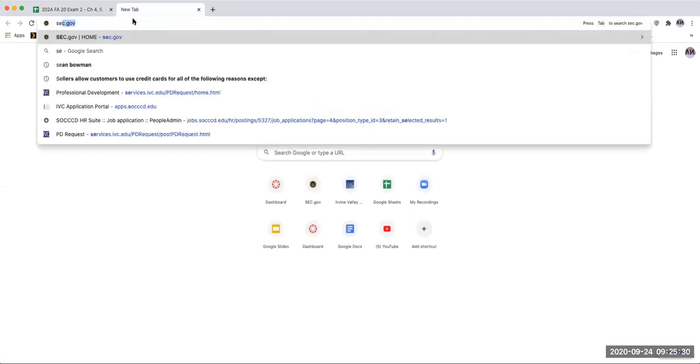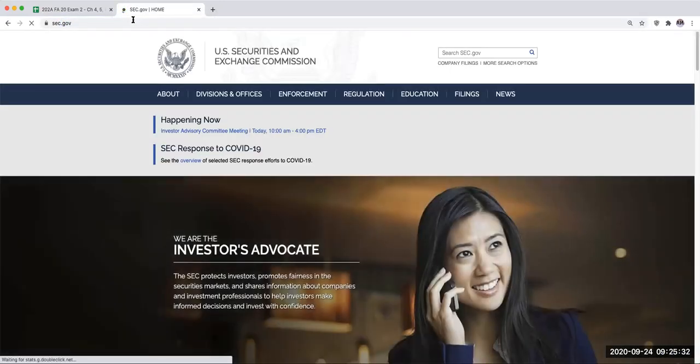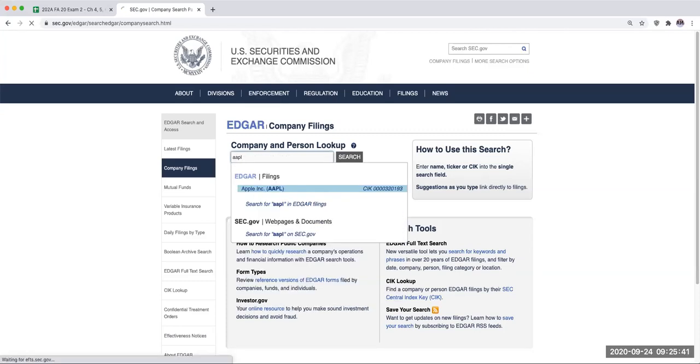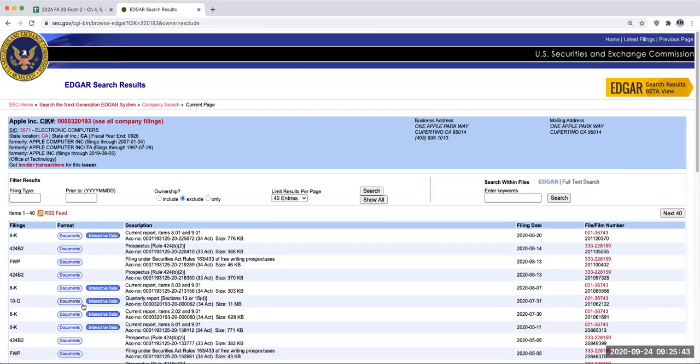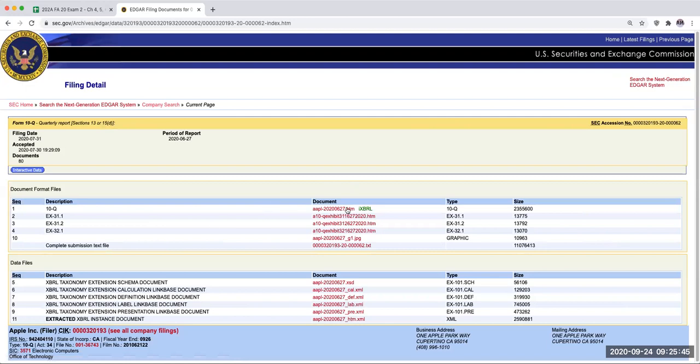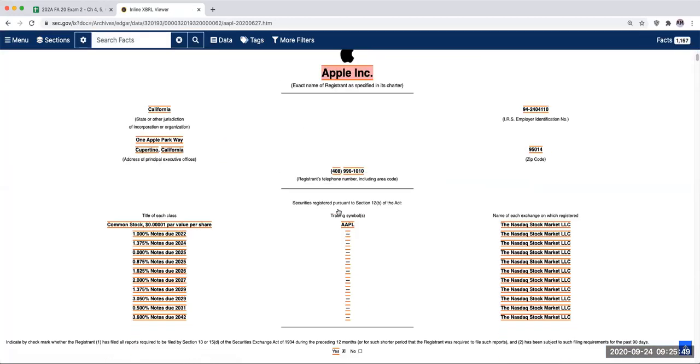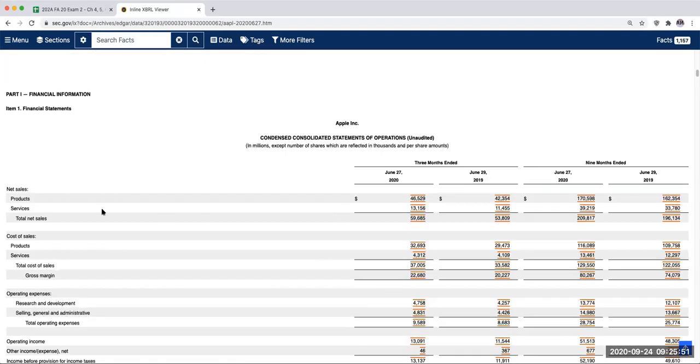The one thing I want to end with you for this particular one is when I go to company filings, and we're going to look up Apple. When I was looking at this question, I kind of said, well, why is it so important that we're calling this product revenue versus services revenue?